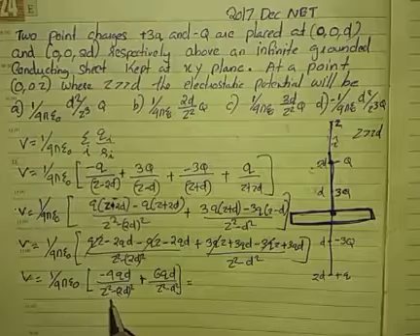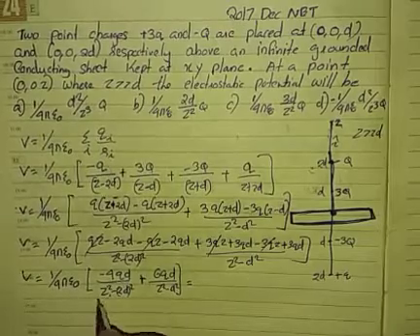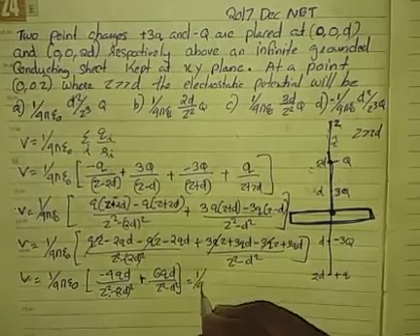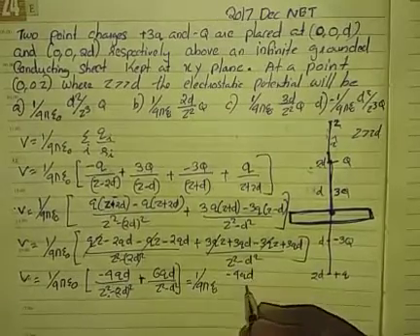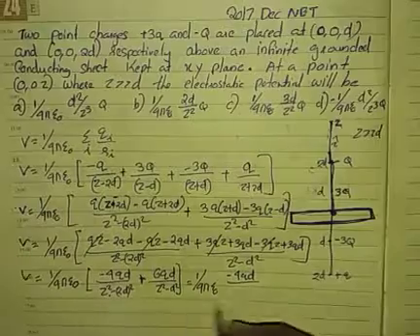What I can do next is take out z square from the denominator. Minus 4qd by z square can be taken outside.